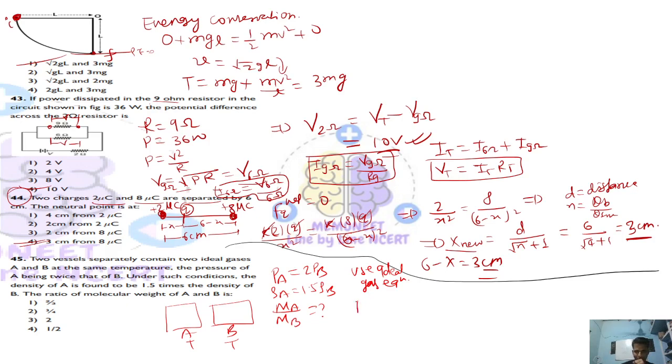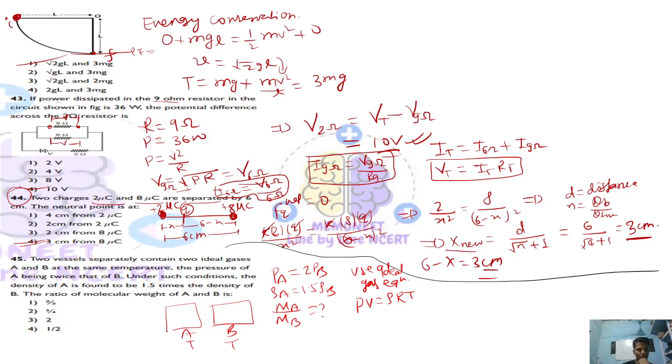So you can use this formula, PV equals rho RT. Rho is simply your density, V is your volume, or you can use it this way: density equals mass upon volume.